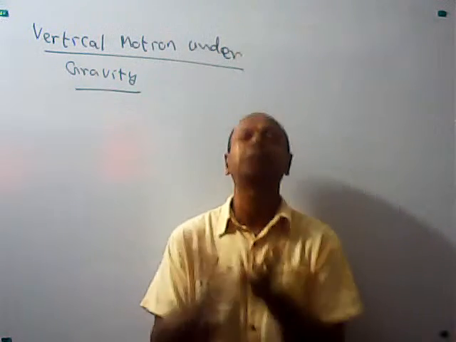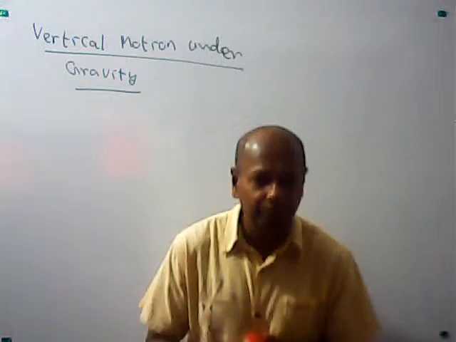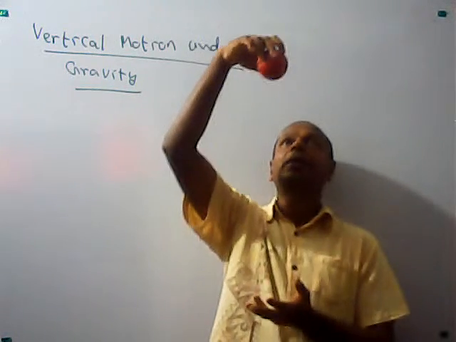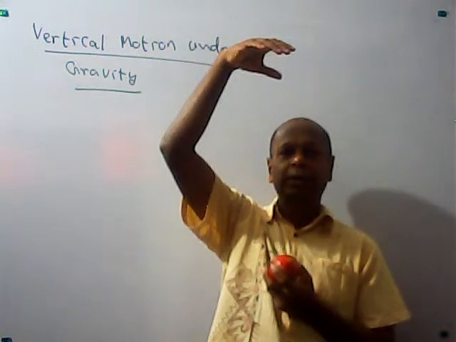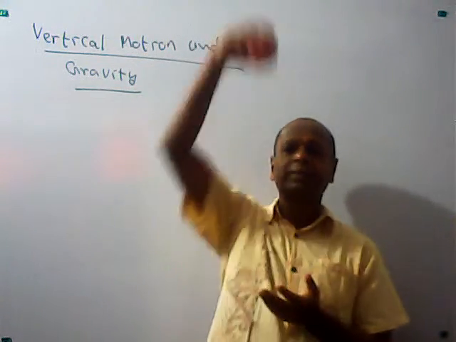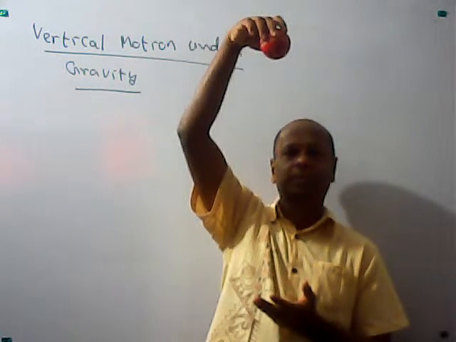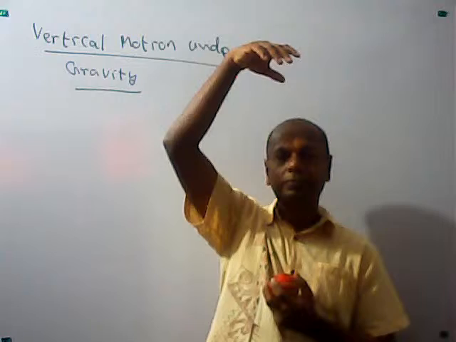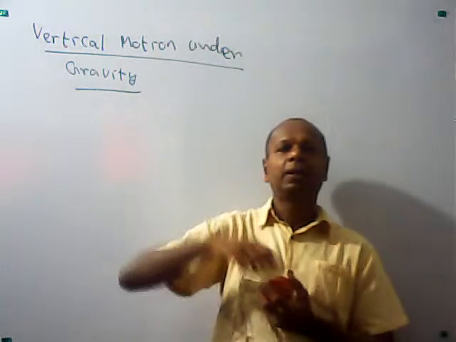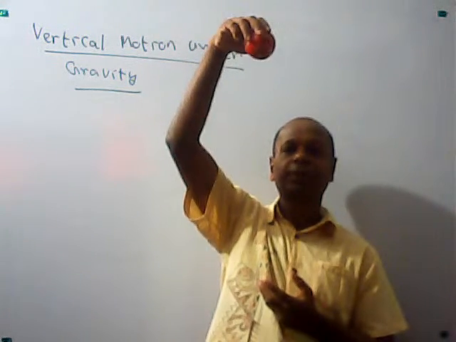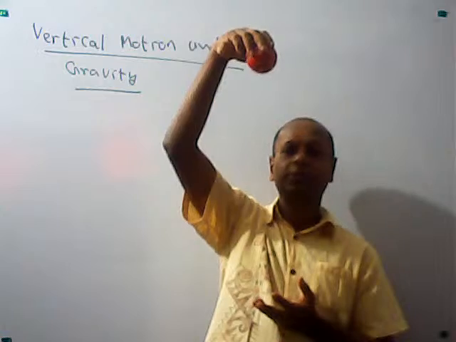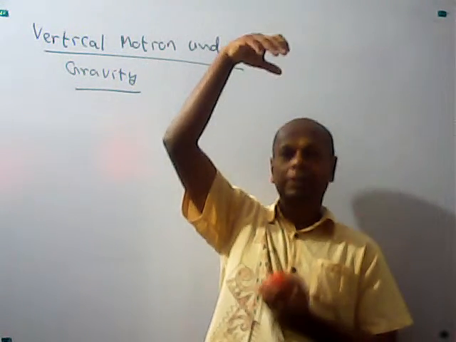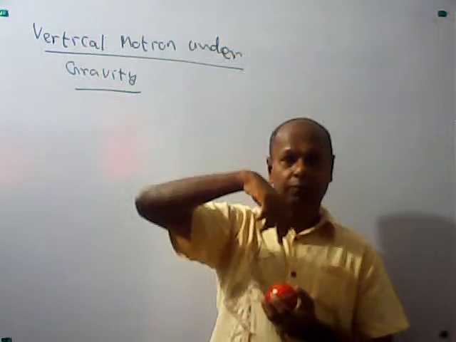This vertical motion under gravity, what we are seeing here, explains that there is some force acting on it. That's why it starts to move when you just drop it. You're not giving any velocity, not pushing it, not throwing it. You just release it and it falls down freely.